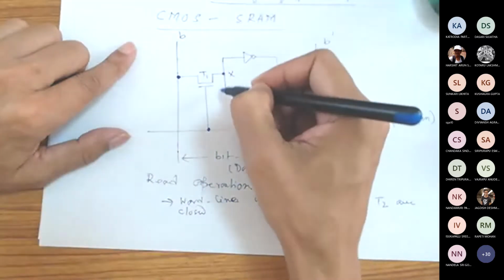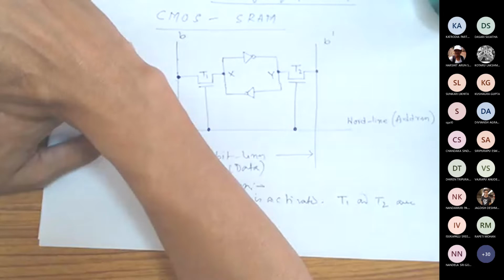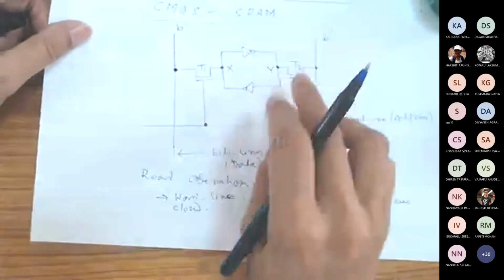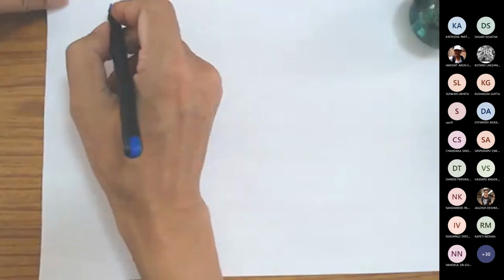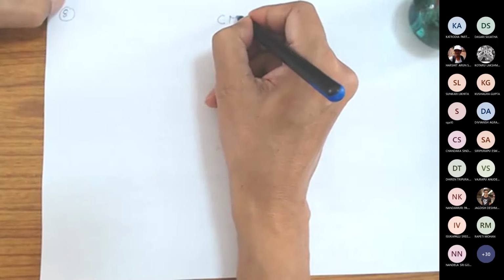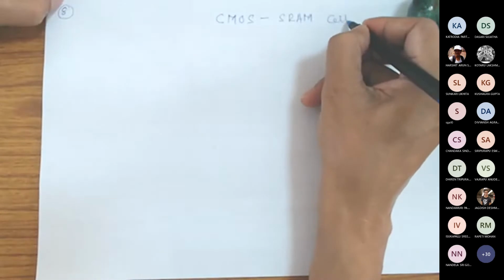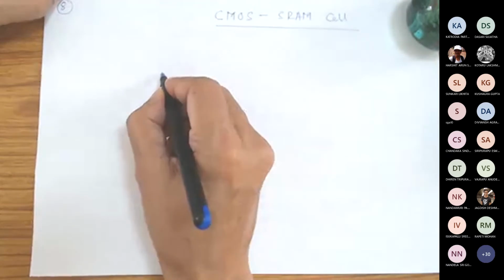Now, this portion of the circuit can be implemented using complementary logic. Complementary logic means you use CMOS transistors. You require 4 more transistors. So if you convert this circuit into CMOS, it looks like this. A CMOS SRAM cell looks like this.